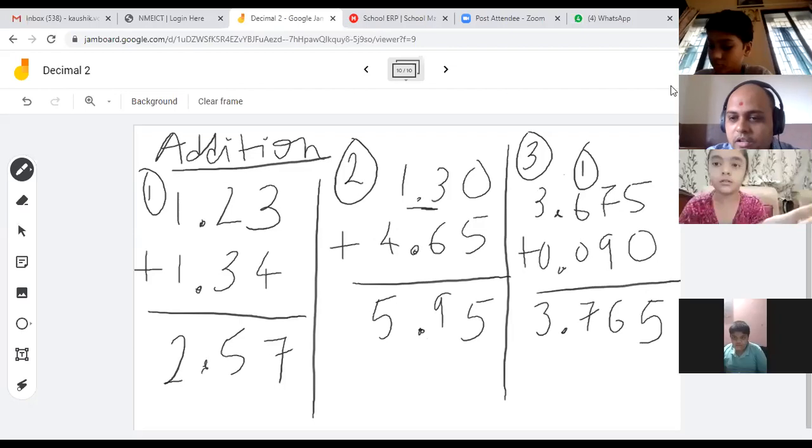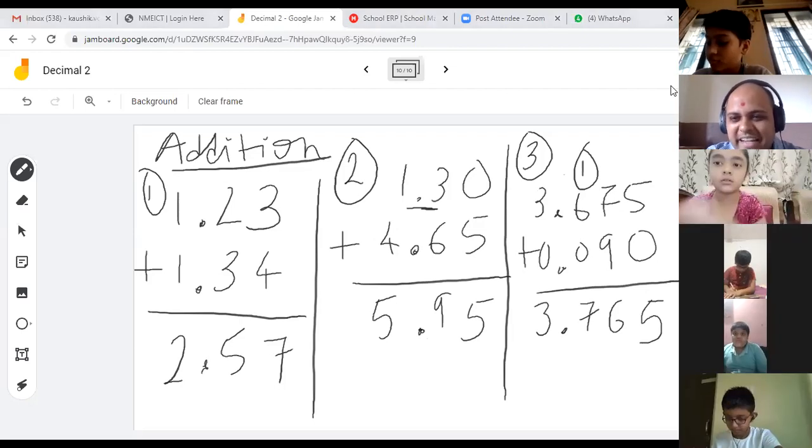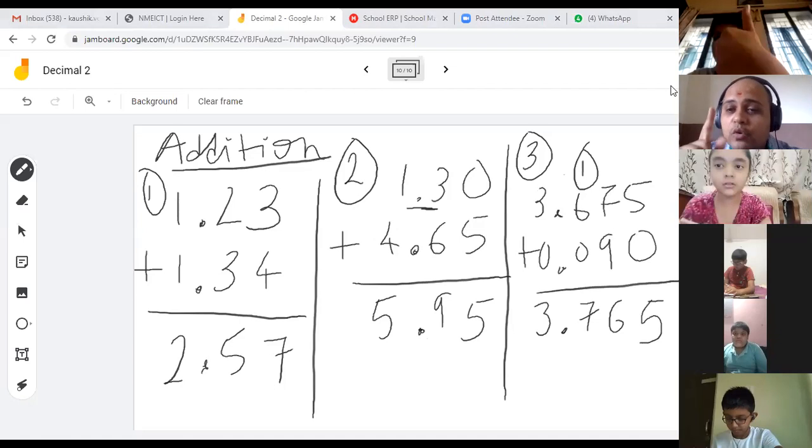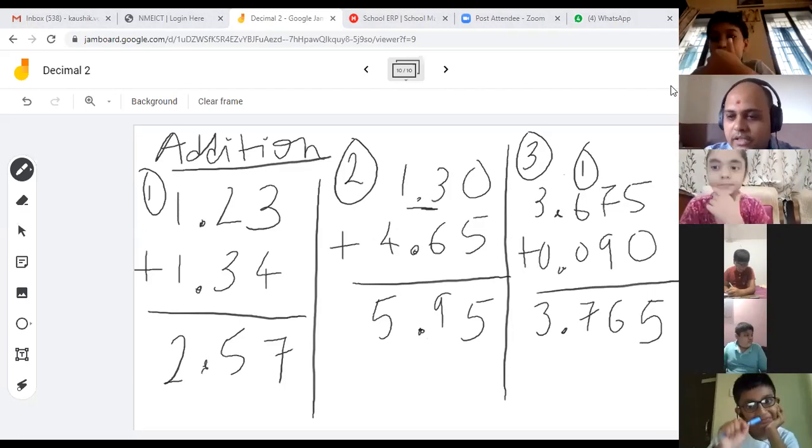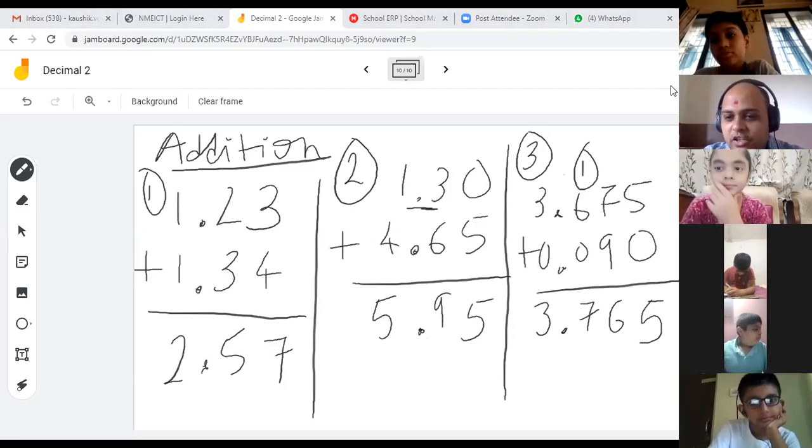Yes, everyone? Come on. These are very easy examples. Addition and subtraction of decimals is very easy, just like addition or subtraction of regular numbers. The only thing you have to be careful about is the decimal point placement. It should be right below the number above. That's where you need to take care, otherwise it's very easy.